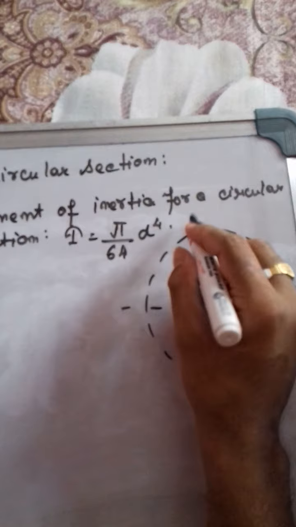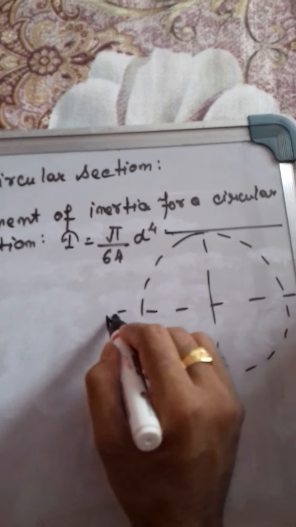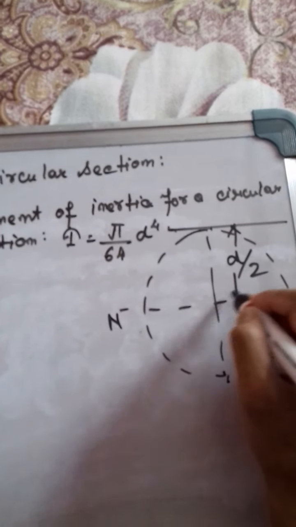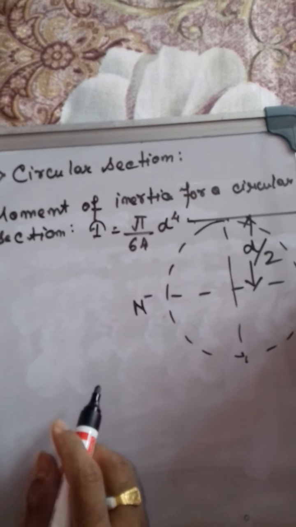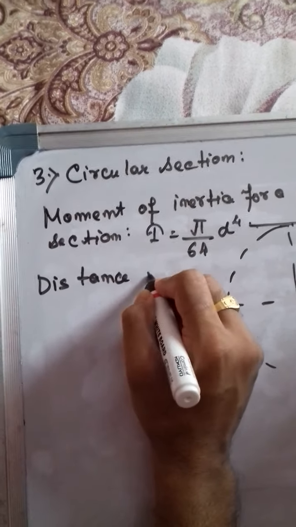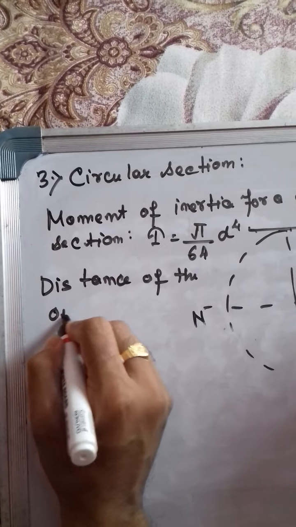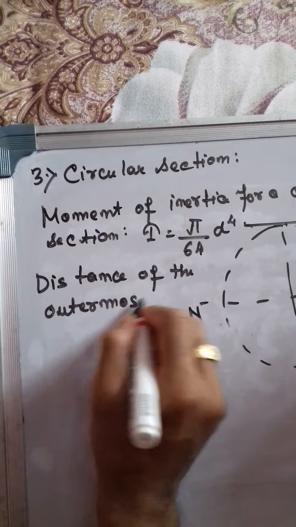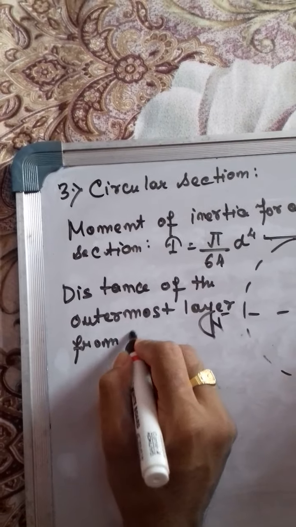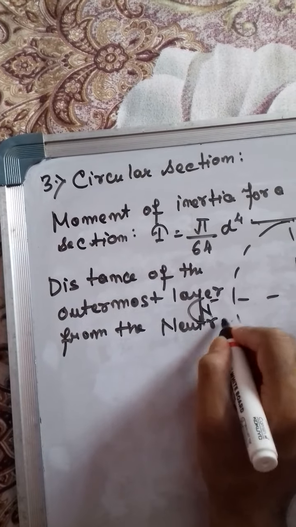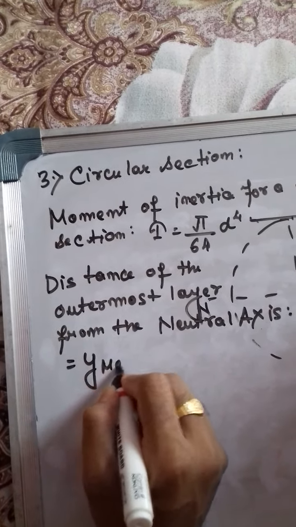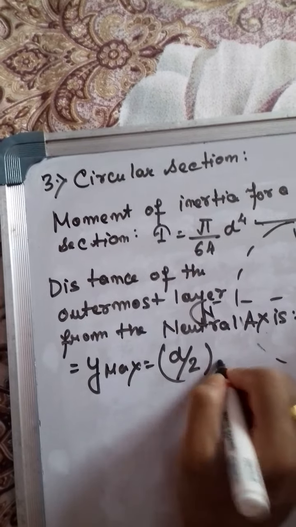If this is the neutral axis and this is the total diameter d, then the distance of the outermost layer from the neutral axis is y maximum, and this is equal to d by 2, right?